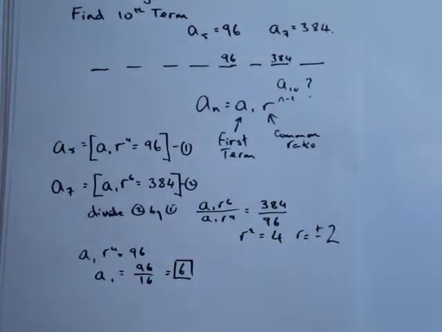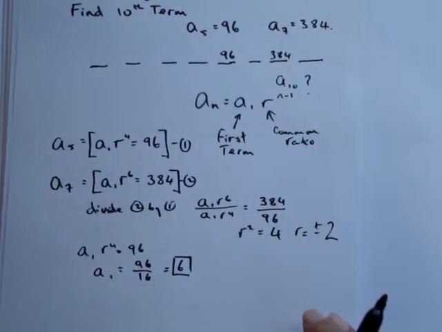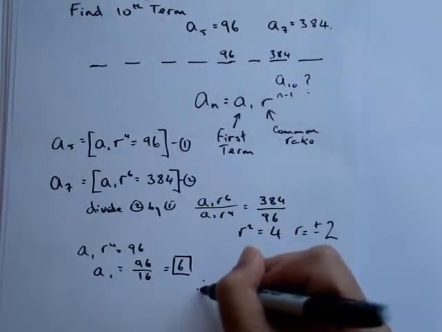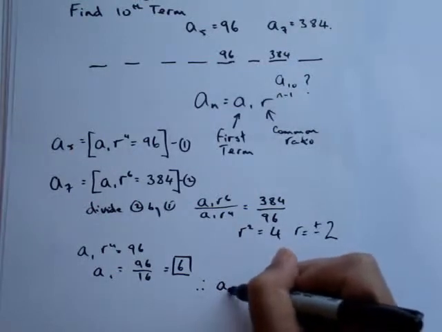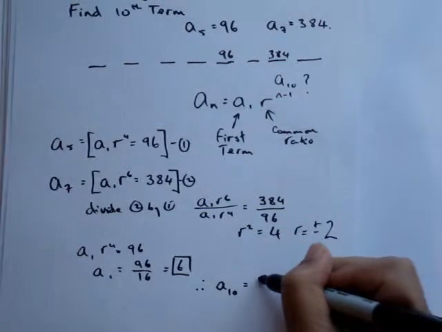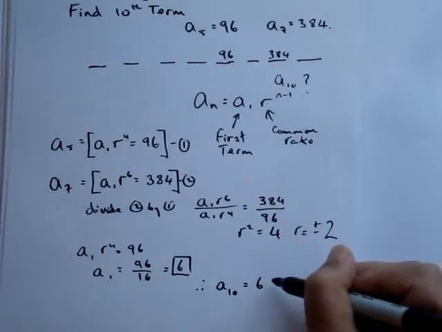So now we can put that into our equation. So we get a sub 10 is a1, which is 6, times r, which is 2, or plus or minus 2.